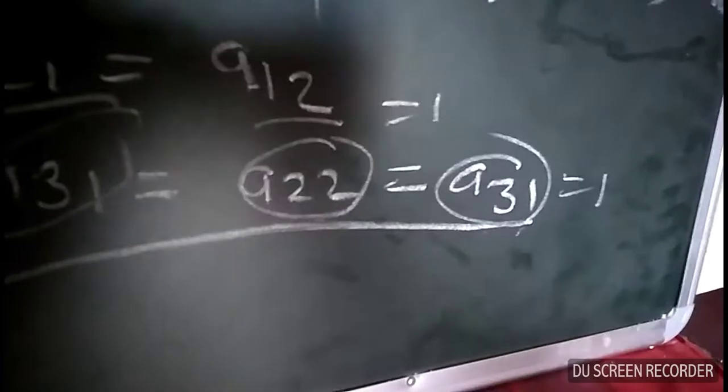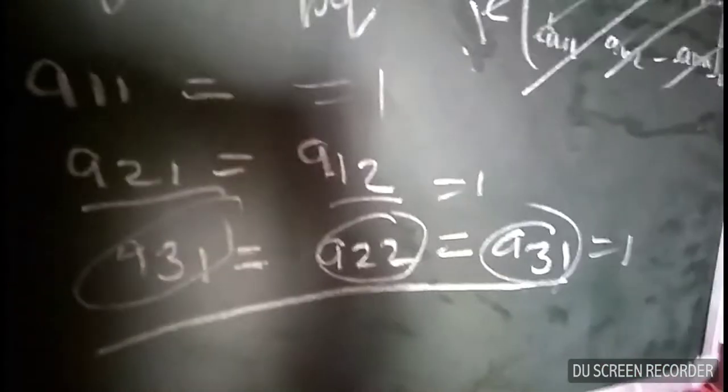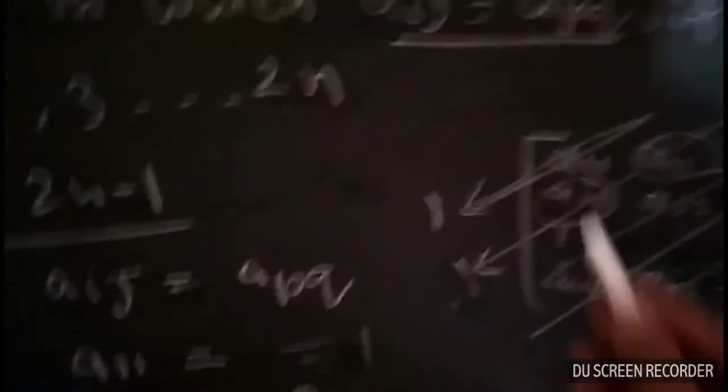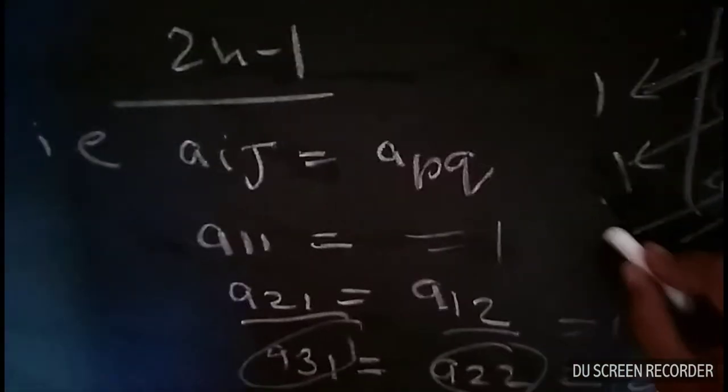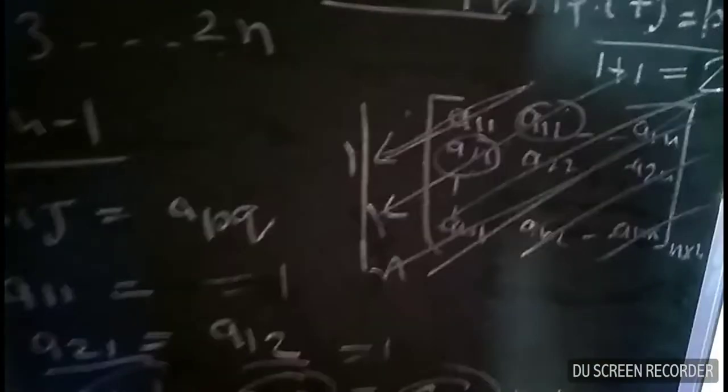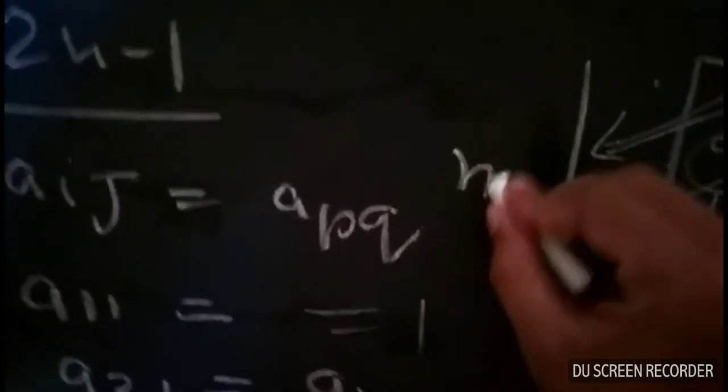Then we clearly say that the total number of different elements is 2n minus 1, because in the matrix, in the first row there are n elements and in the first column there are n different elements, so n plus n, that is 2n elements.